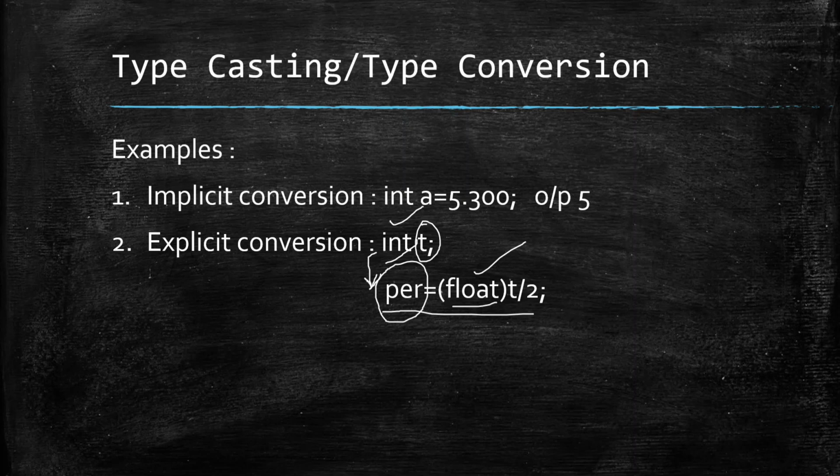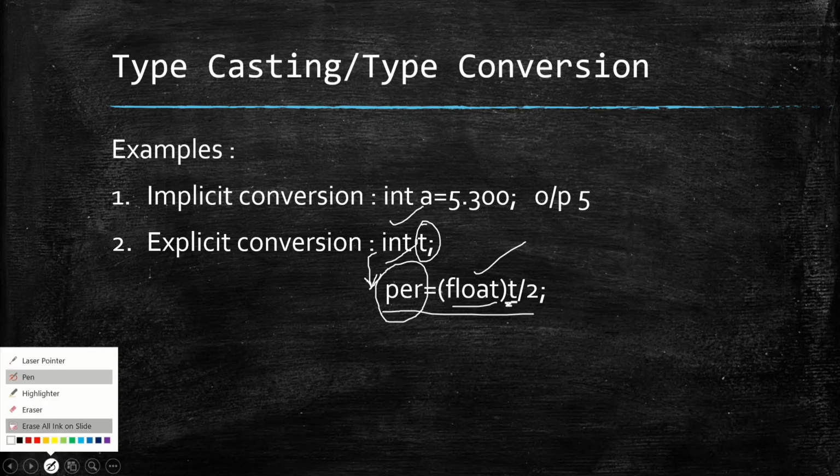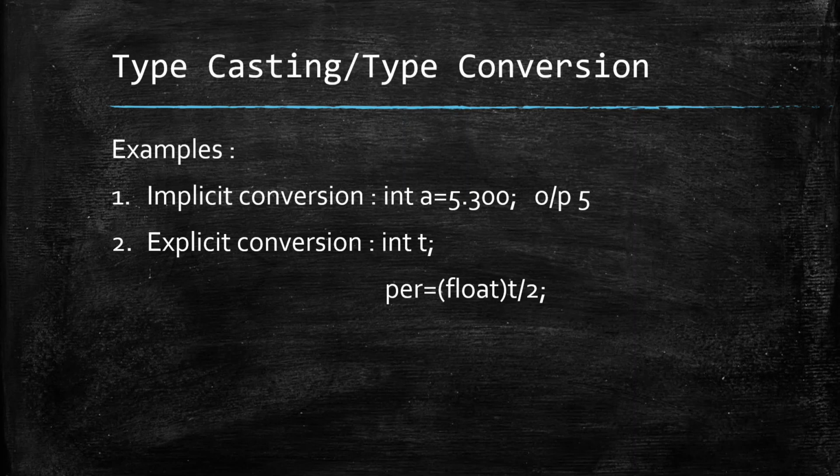The explicit conversion will not work without your parenthesis bracket. So I'm converting int into float. You write (float) t, and this t will be converted to a float value, meaning it will take a decimal value, divided by 2, semicolon. That's how you use implicit and explicit conversion.